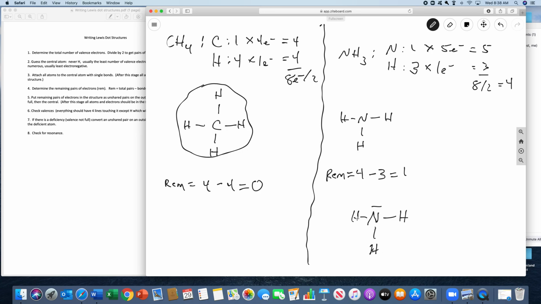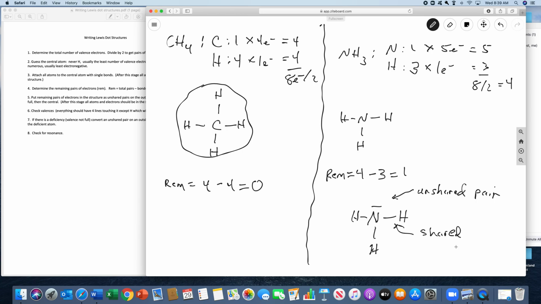Each hydrogen has 1 line touching it, 1, 1, 1. And the nitrogen has 1, 2, 3, 4. Now, just to remind you, this is an unshared pair. And the other ones are bonds, shared.